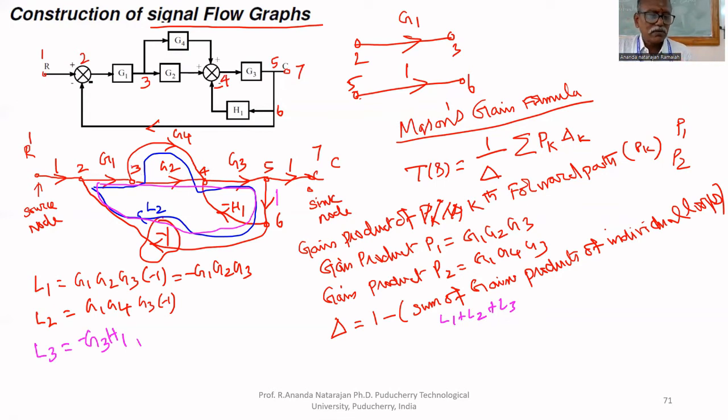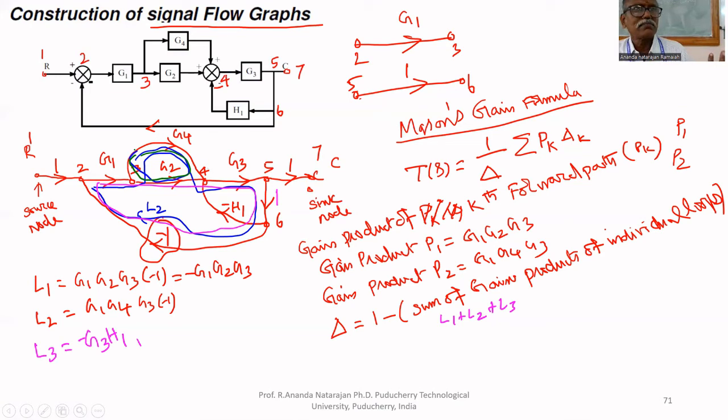This is not a loop. Why? Because 3 to 4 you can travel through G4, no problem. But you cannot travel 4 to 3. Again, you cannot reach the same point.